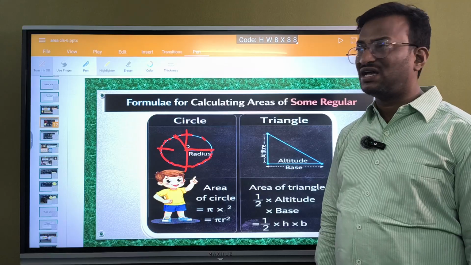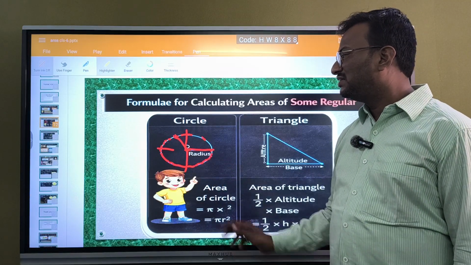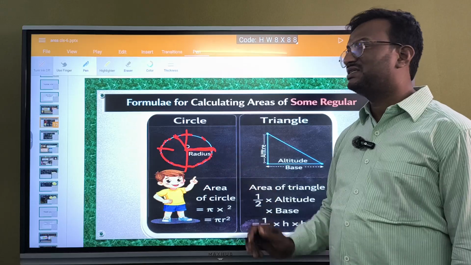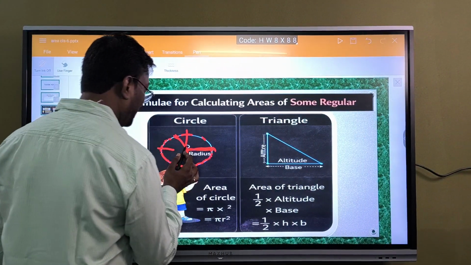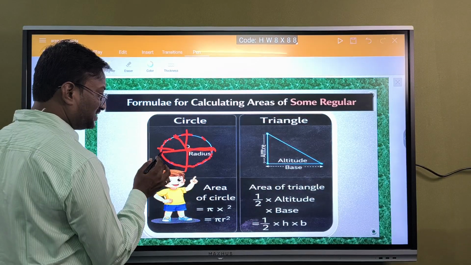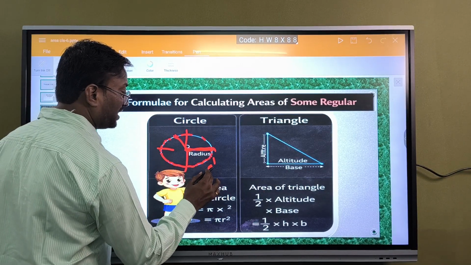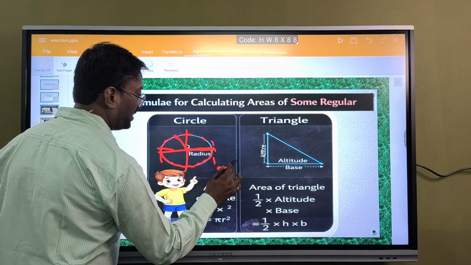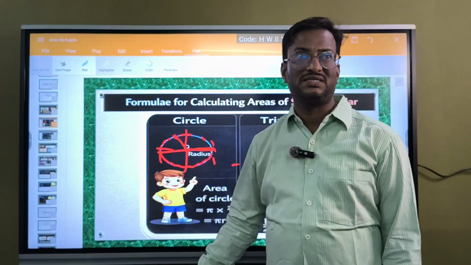The circle consists of a center, this one we call the center, children, and it consists of radius. If you extend the radius on both sides, this total distance we call the diameter.